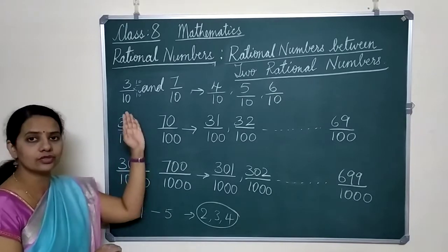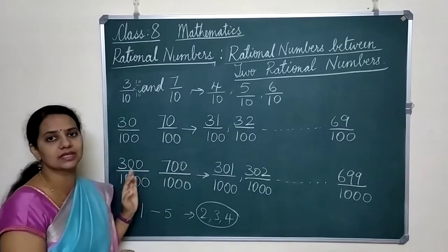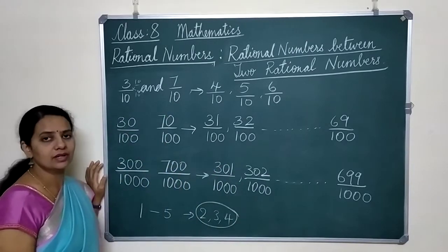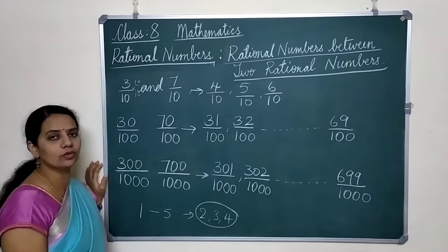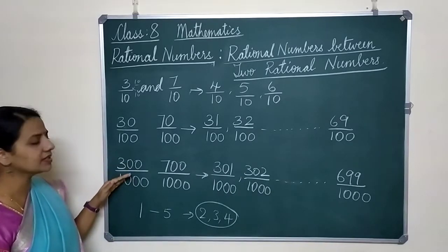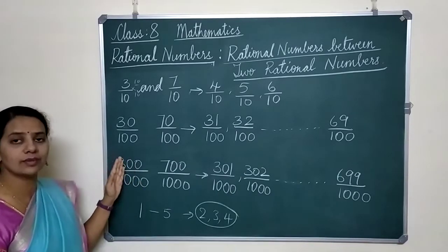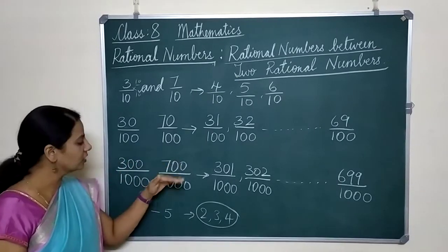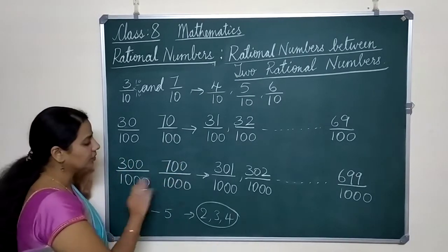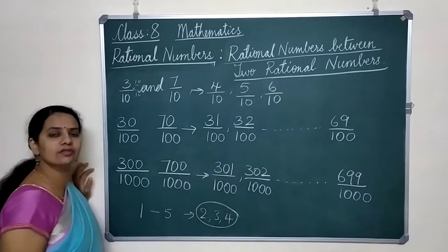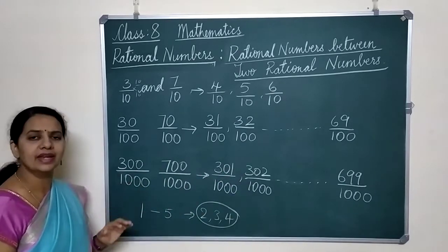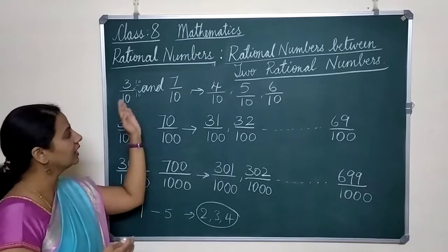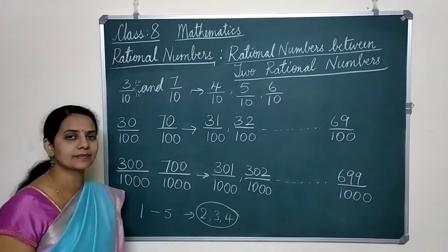You have infinite numbers in between any two rational numbers. So we cannot just count. Like this we can multiply by 1000, this becomes 3000/10,000, and this becomes 7,000/10,000, and in between those numbers you have so many. Like this we have infinite rational numbers in between any two rational numbers.